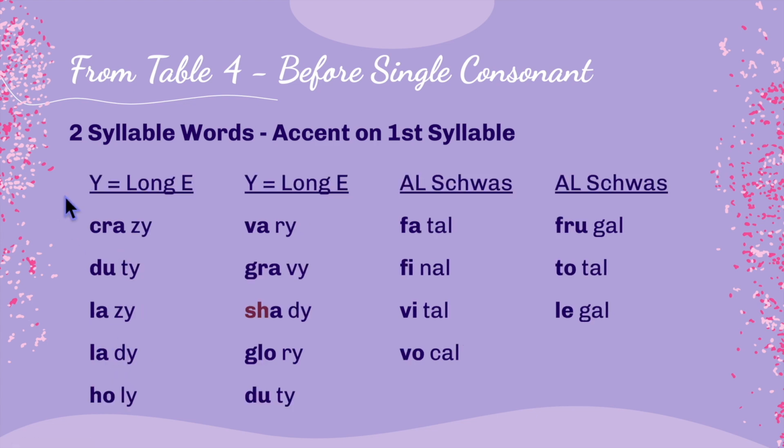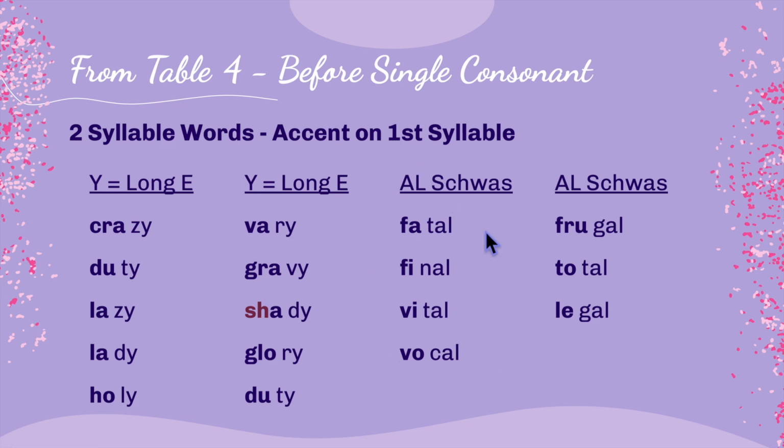Here are some more words like that. These words in the first two columns end in a Y, where the Y has the long E sound. Crazy, duty, lazy, lady, holy, very, gravy. SH says sh, shady, glory, duty.